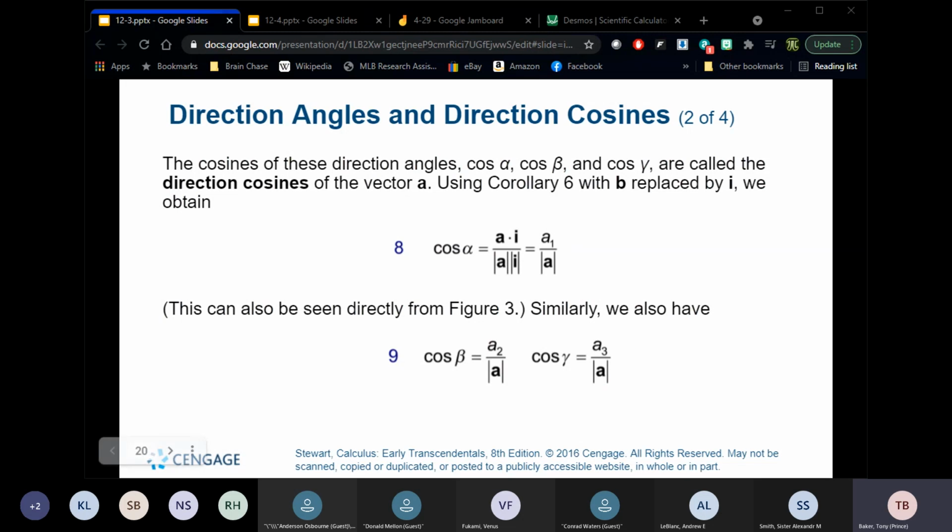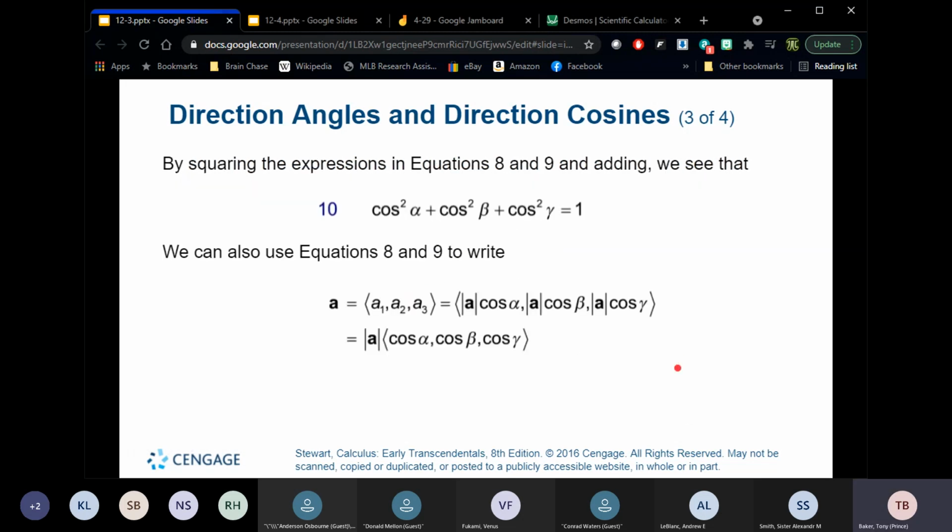And then to find the actual angle, you would just do the arc cosine of those. All right. One of the things you will notice is that if you square each of those values and add them up, you will get 1. So that is one of the rules that you have.